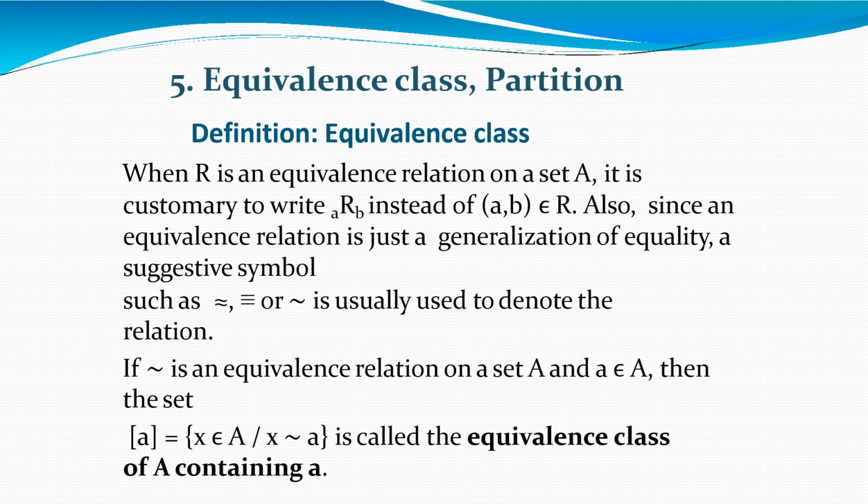Now an equivalence relation is nothing but a relation which is reflexive, symmetric and transitive on that set, that we have seen already. Now see what is the meaning of equivalence class.